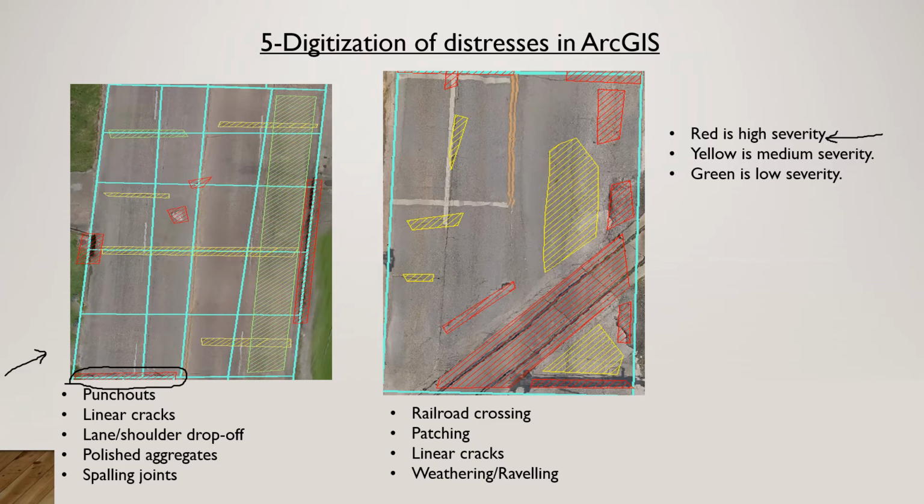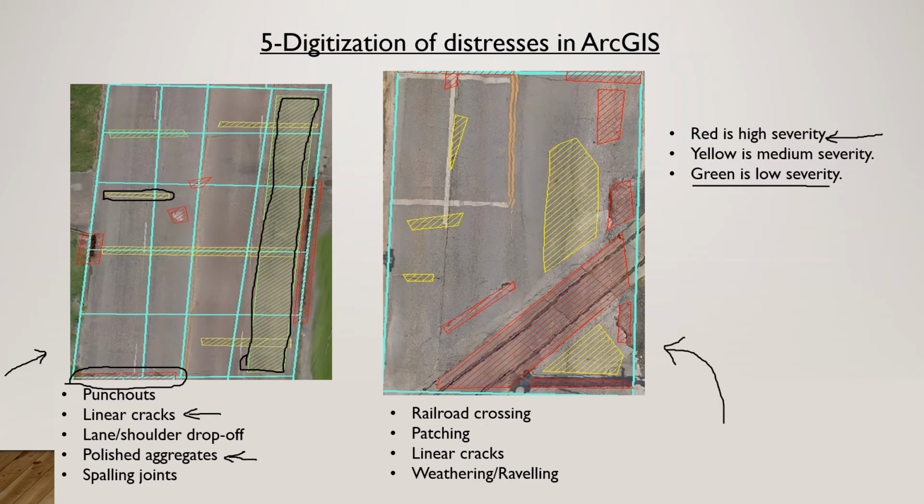Some distresses are measured in linear feet, others are measured in areas, and others are measured in count, such as potholes. For example, here linear cracks, that was a medium severity linear crack, and this area here drawn in green was a low severity, because green is low severity, that was low severity polished aggregates.